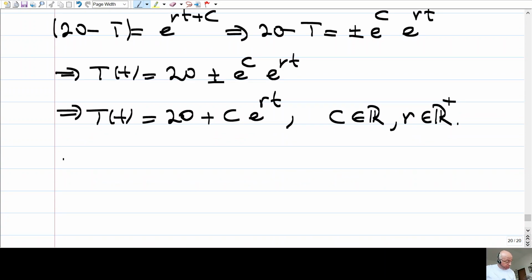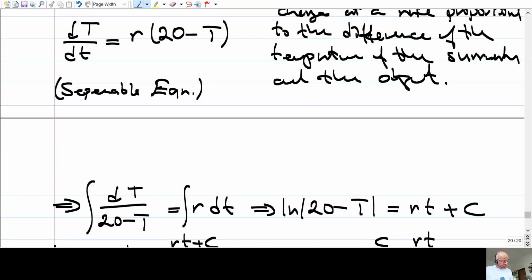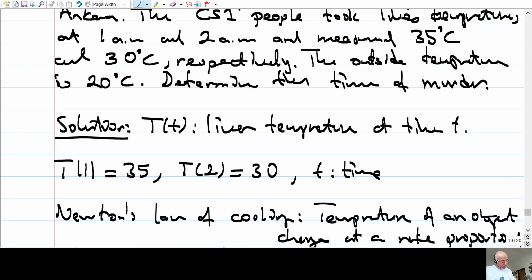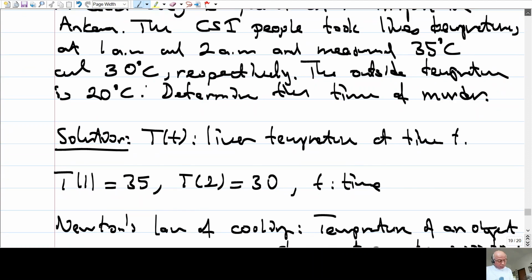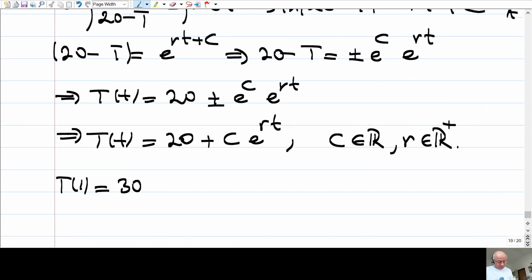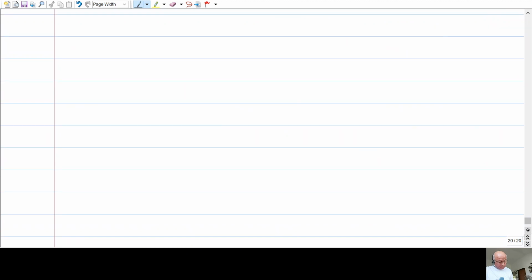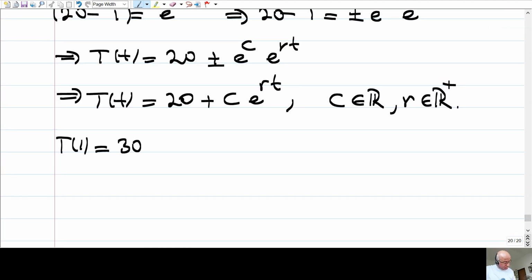First one was this. At time 1 a.m., the temperature of the body was 30 degrees Celsius. Right? No, it was 35. Sorry, 35. And T of 2 is 30. Okay, so let's plug both of these values.